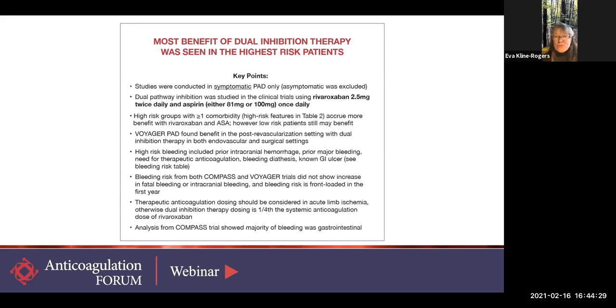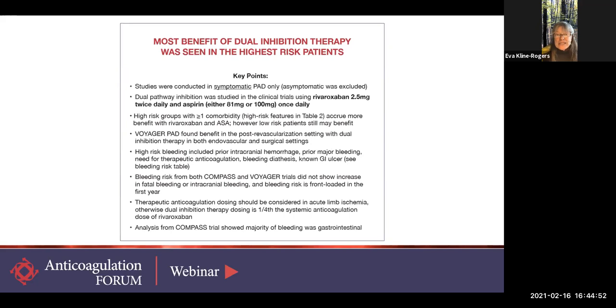The dual pathway studied in clinical trials, as Bishoy pointed out, was rivaroxaban 2.5 milligrams twice daily and low dose aspirin. That was the combination. High risk groups accrue more benefit with rivaroxaban and aspirin as shown in the two trials. However, low risk patients still may benefit as well.